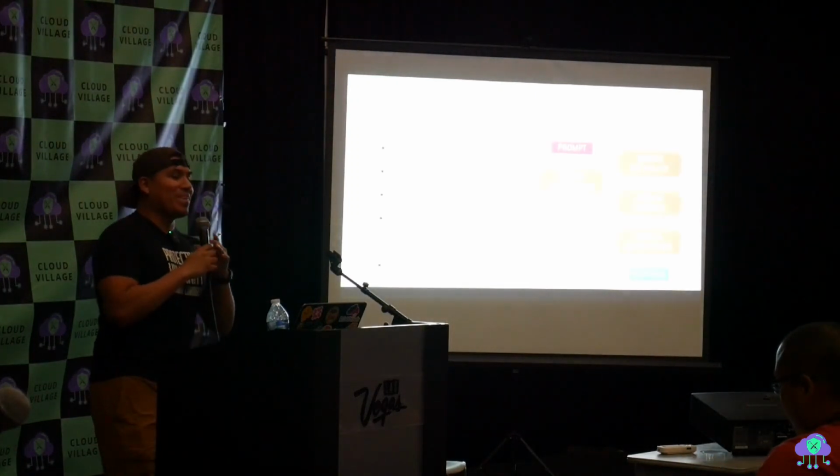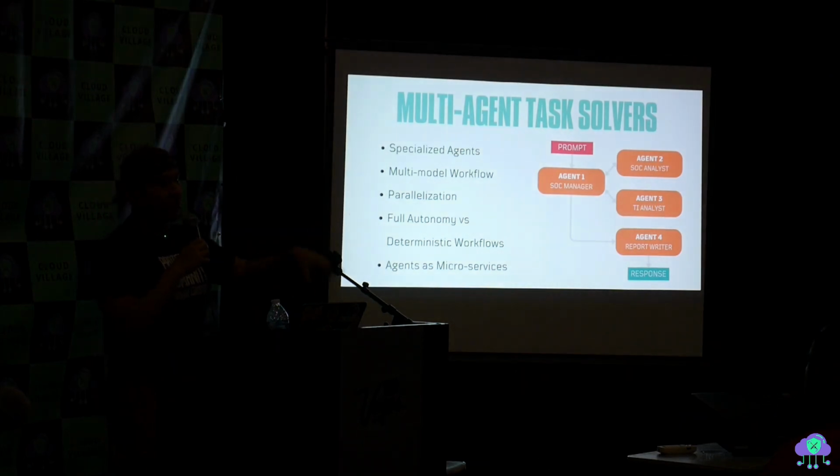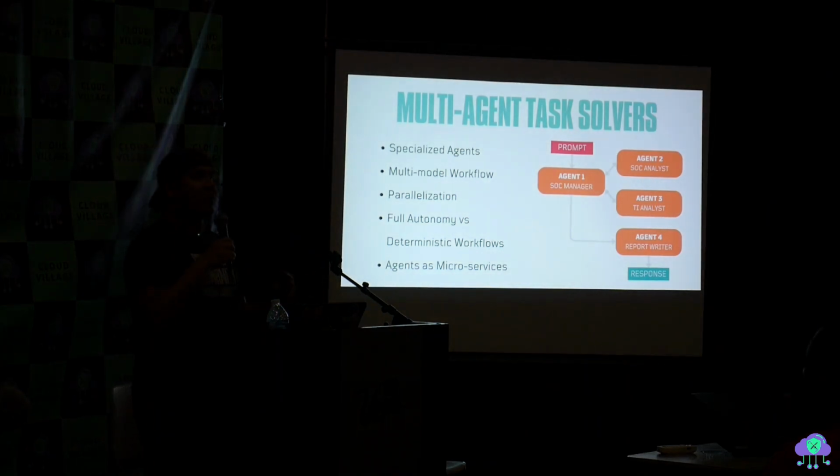Okay, so now let's move to the multi-agent world, right? We talked about how you can have one agent and multiple tools, and you can use it to execute things for you, and it will reason over your tools. But let's be honest, a lot of the things that we do might require multiple tools, and maybe different types of models.